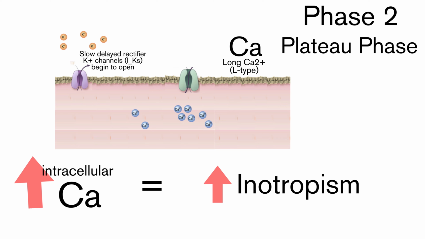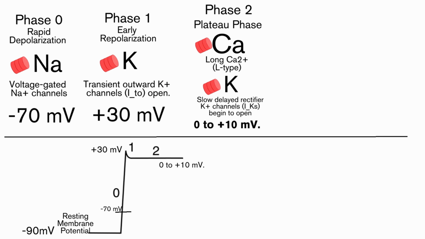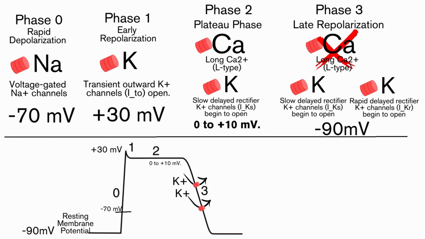Now, you do have sodium-calcium exchangers as well, making sure that calcium isn't stuck inside the cell. But of course, the potassium efflux will overcome this plateau, leading to a very strong repolarization. So the delayed rectifier of potassium now has help from the rapid delayed rectifier. Both of them are now working to kick the potassium out of the cell as soon as possible, allowing the membrane potential to go back to -90 millivolts, back to resting membrane potential. And it continues over and over again.